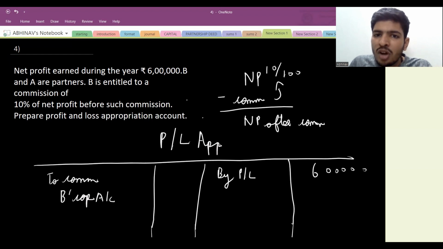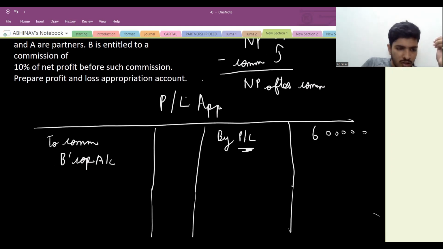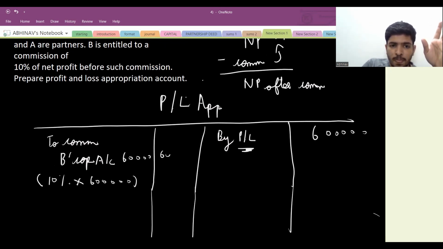That is simply net profit because in this net profit, commission is not subtracted. So this is net profit before commission. So it's 10% of 6 lakhs. Why this term is used, you'll know in the next question. Wait, 60,000.